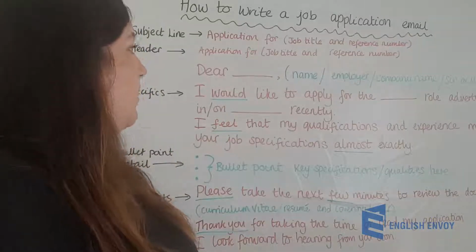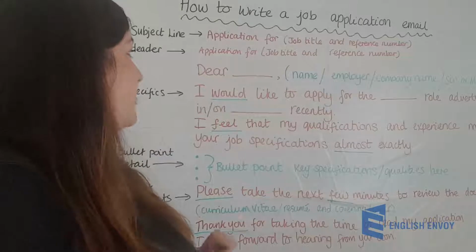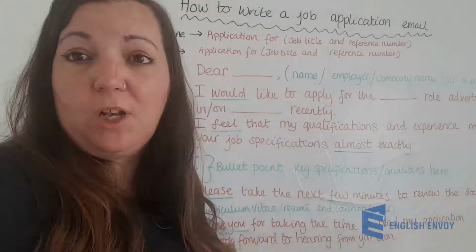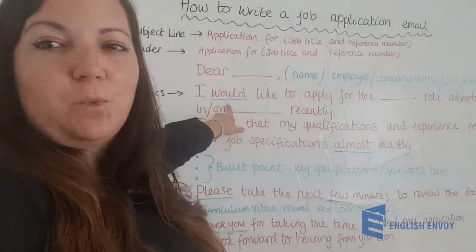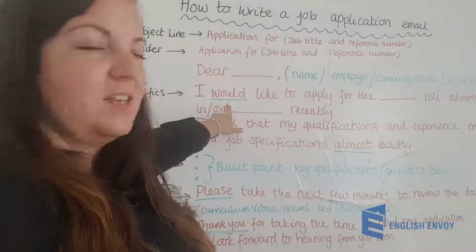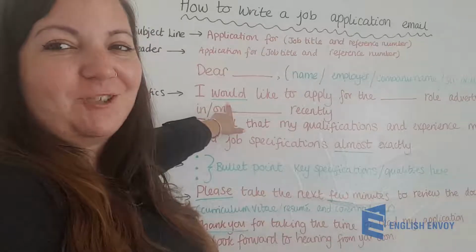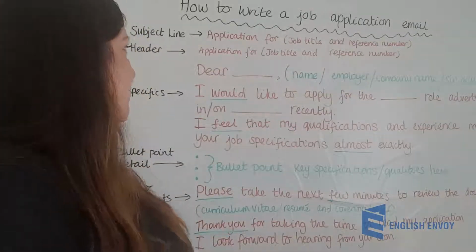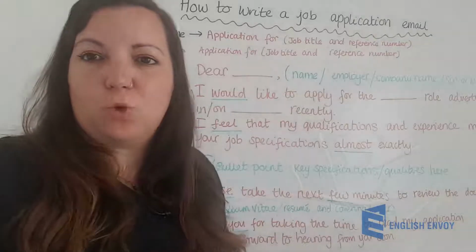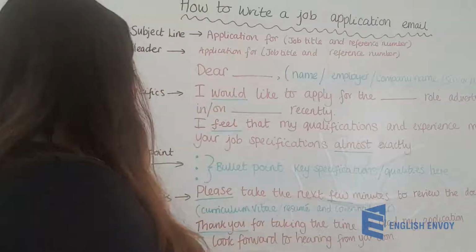Or I would like to apply for the teaching role advertised on the jobs board online recently. Using the word would is one of our polite modal words, so that's a really good word to put in here to make sure our language is coming across polite.